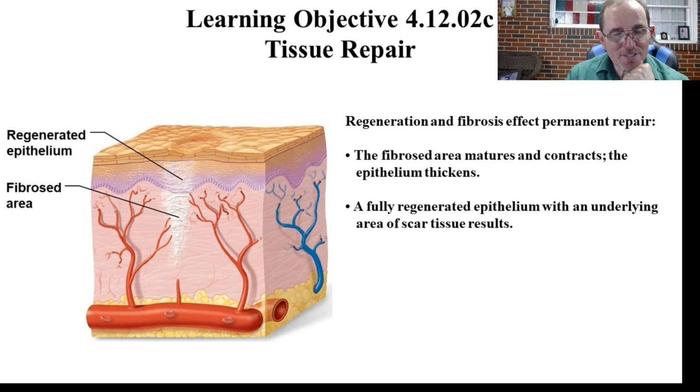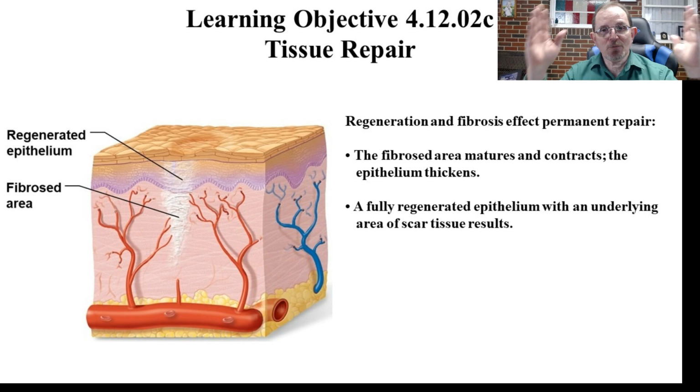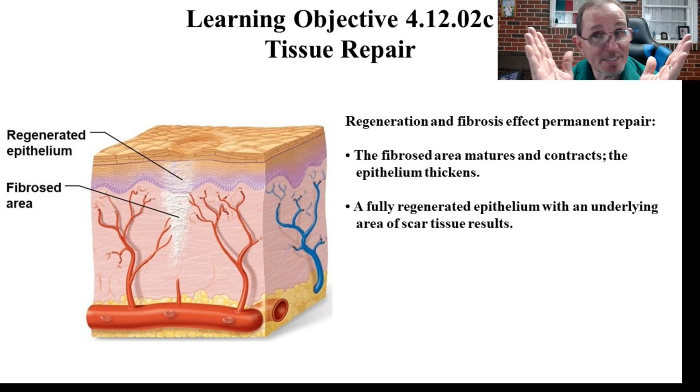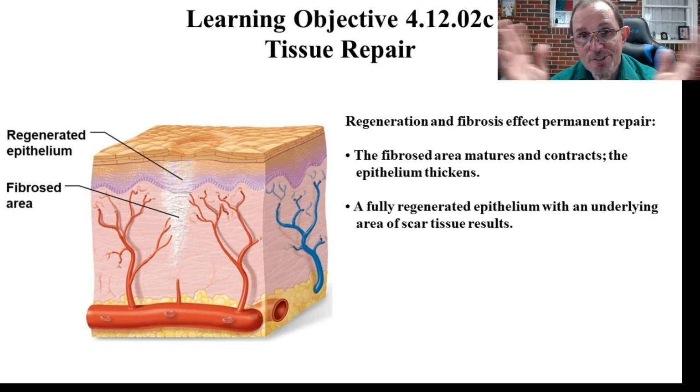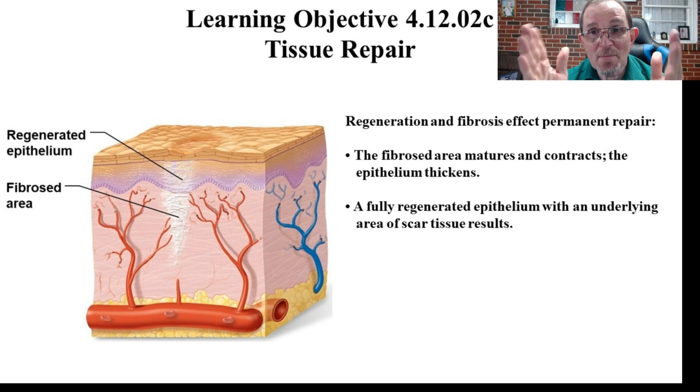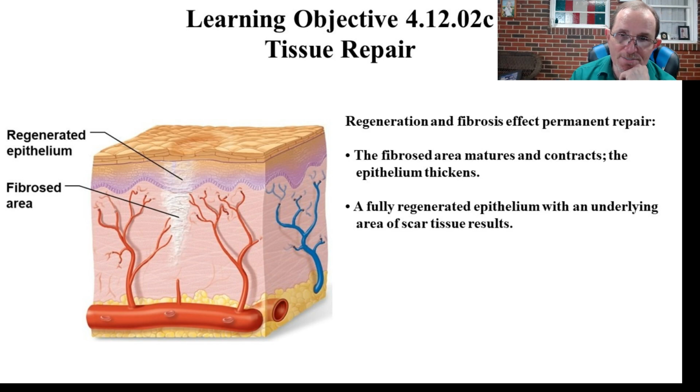So once it's finished, you can barely see anything from the outside, but underneath you still have scar tissue. This is going to be our permanent repair. The area when it matures is going to contract. However, there are some wounds so wide that they have to be sutured or glued shut, or else they'll form a visible scar. A lot of people don't want that, especially if it's on their face.